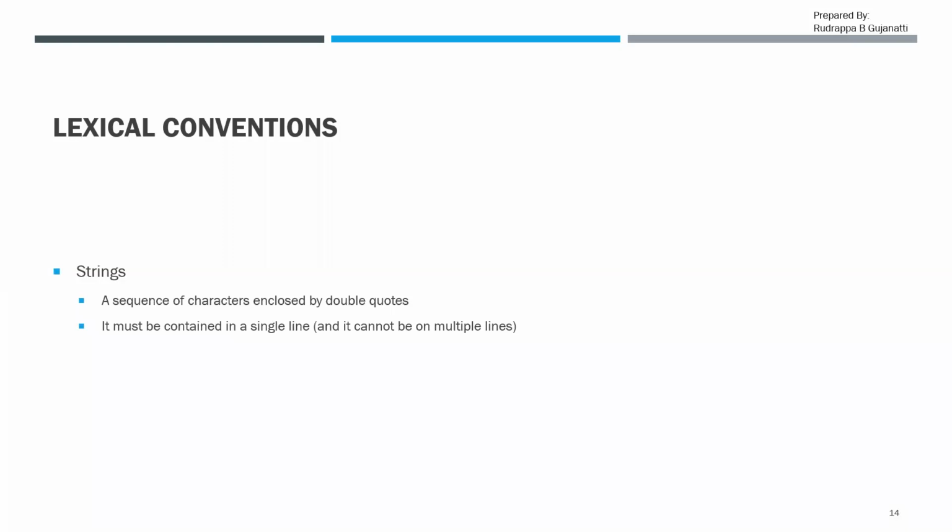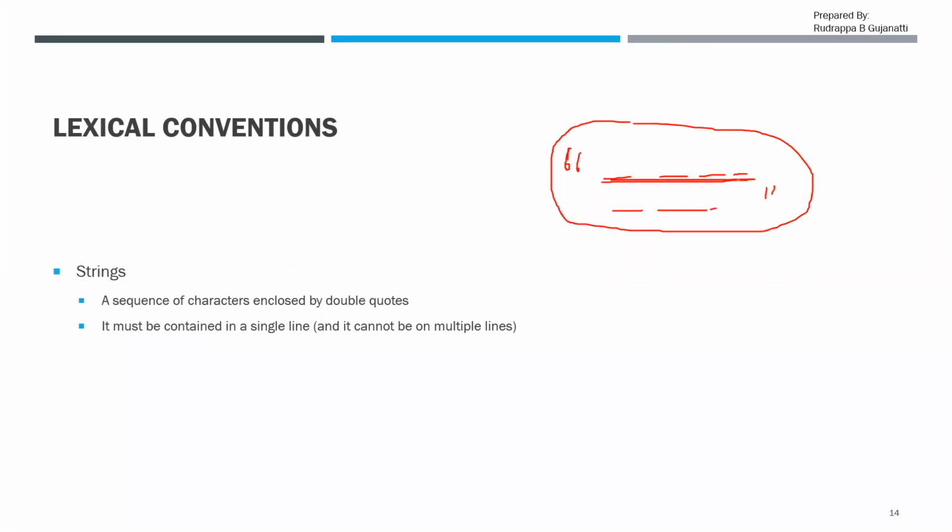What this implies is, if I'm writing something, within the double quotes I will be putting all the characters. I cannot press enter, move to the next line, write something and then put the closing double quotes. This I cannot treat as a string. A string will always be on a single line.